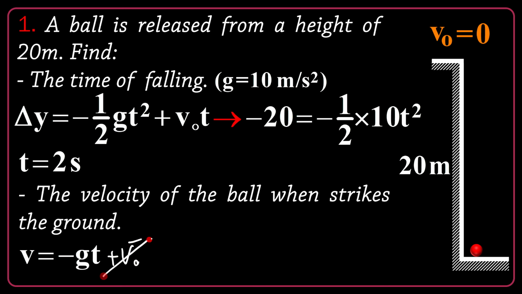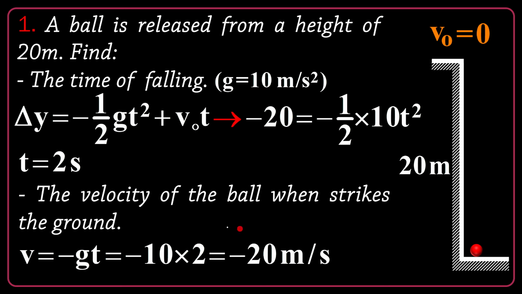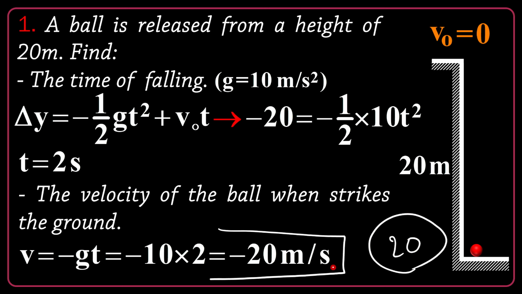Of course, as the V naught is 0, let's forget about it. And then let's continue. Negative G is negative 10 and time is 2 seconds. So the final velocity is negative 20 meters per second. Of course, you know that the speed is 20 because the speed cannot be negative. But as the velocity is the goal, it must be negative 20 meters per second.